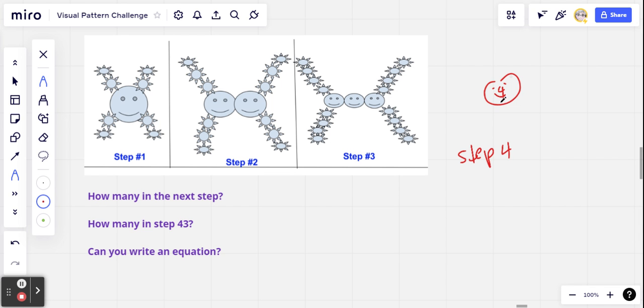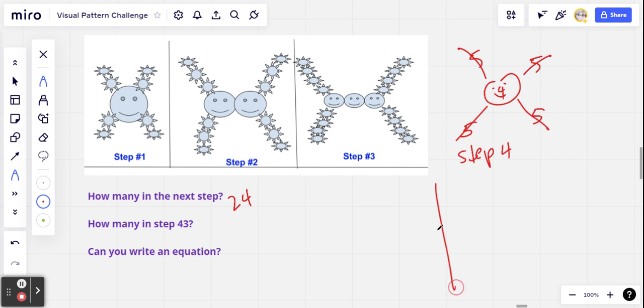That's a 4, not a nose there. So 4 smileys. And then I've got these 4 arms of suns, and first it's 2, and then 3, and then 4 long. So I would expect 4 arms of 5. Okay, so 4 5s, that's 20, plus 4 smileys in the middle would be 24. So I'm predicting 24 for step 4.